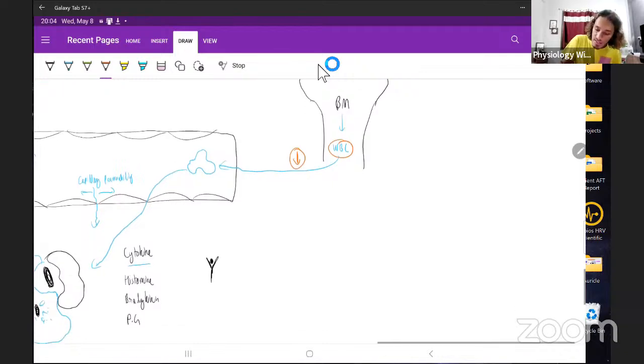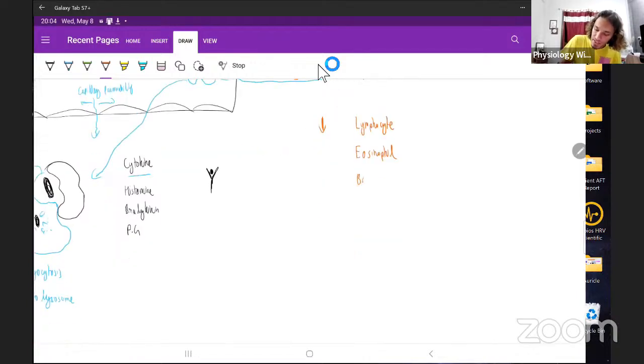There is a reduction in lymphocytes, eosinophils, and basophils. Cortisol decreases your lymphocytes, eosinophils, and basophils.